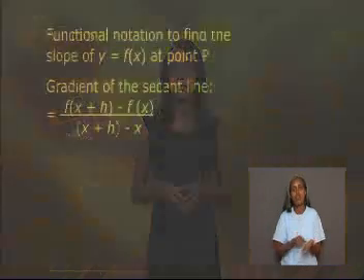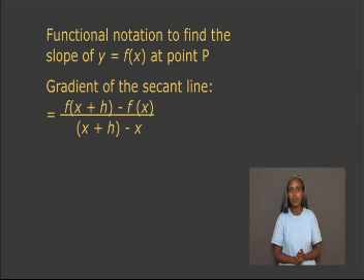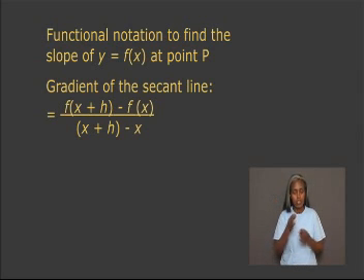Now, let us learn about the functional notation in order to find the slope of a function at a given point. The gradient of the secant line is expressed by f of (x plus h) minus f of x over (x plus h) minus x.